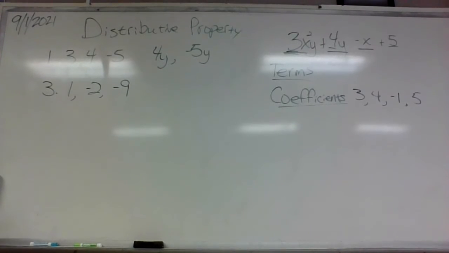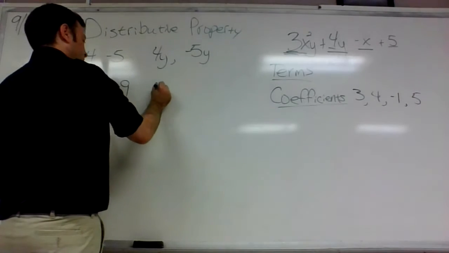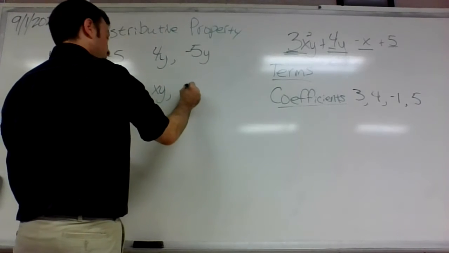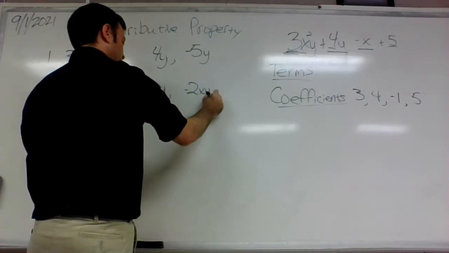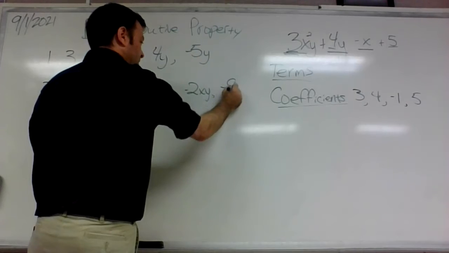Every term has a coefficient, whether it's visible or not. Which terms are like terms? All of them. So what am I going to put? I'm going to put xy, comma, negative 2xy, comma, negative 9xy.